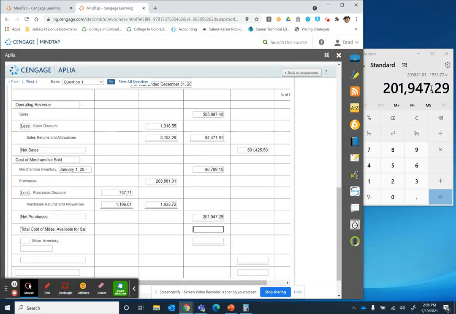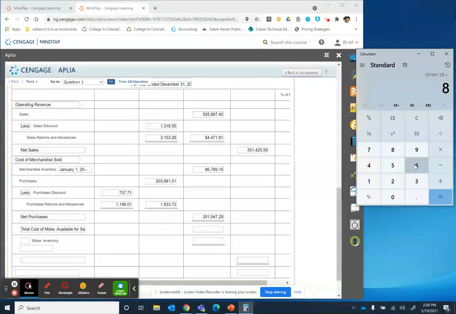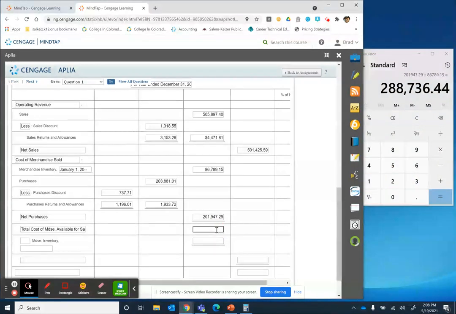So we'll add $201,947.29 plus $86,789.15 from our merchandise inventory at the start of the year. This is going to be $288,736.44. There that is.